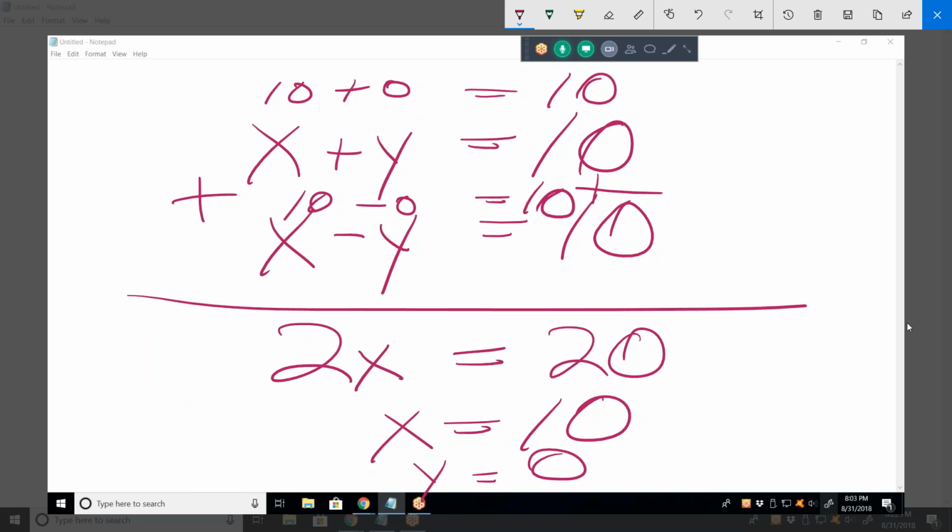So that solution works for both equations. So even though this looked strange, the fact that x plus y could be equal to 10 and x minus y could be equal to 10, it in fact does have a unique solution. And that's what it's called when you get a specific value for x and a specific value for y. That is a unique solution, as opposed to no solution, as opposed to infinite number of solutions.